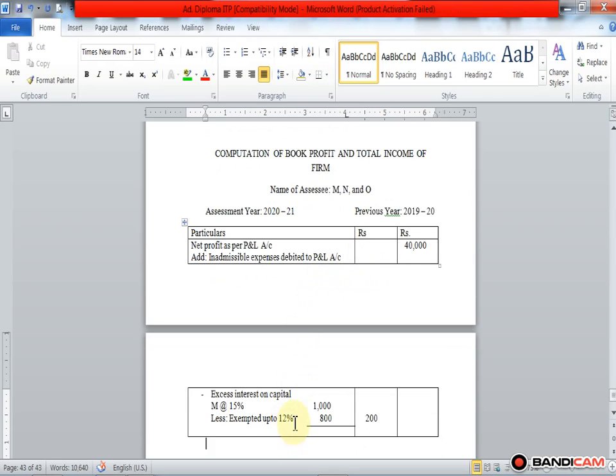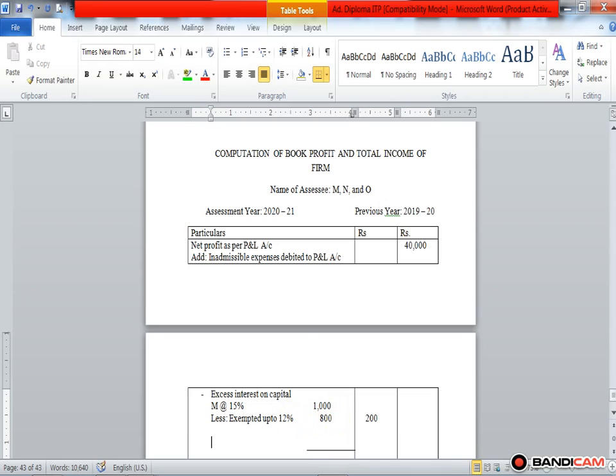Then compute the exempted interest on capital of Mr. N. N at the rate 15% amounted to rupees 1,500, less exempted up to 12%.